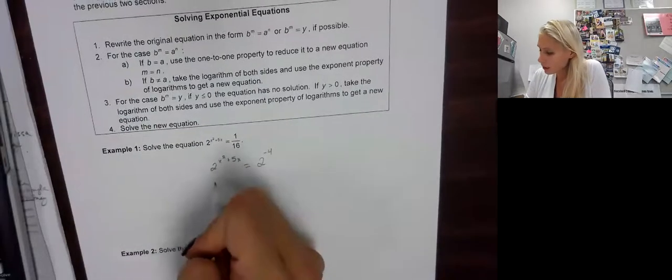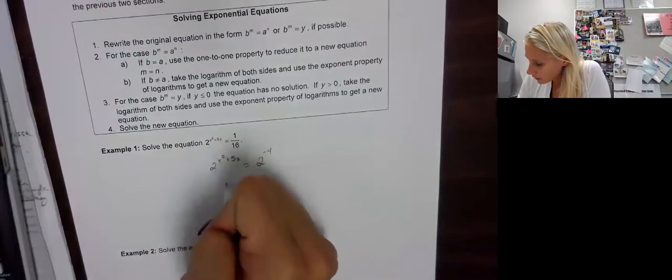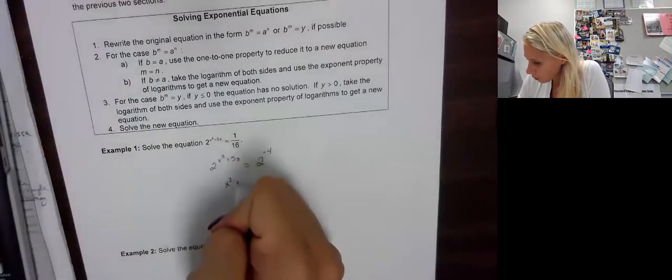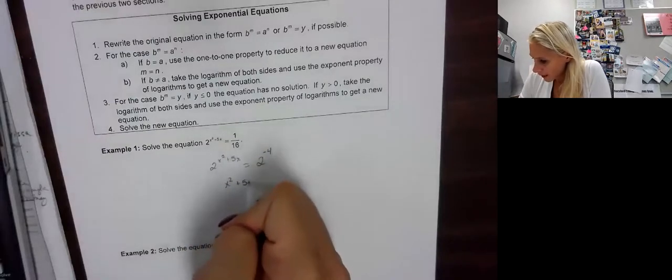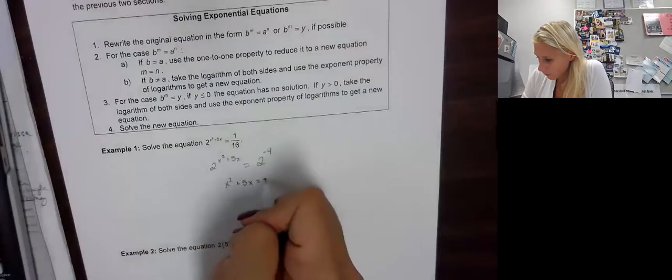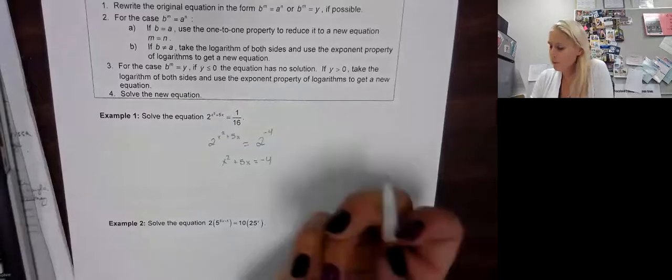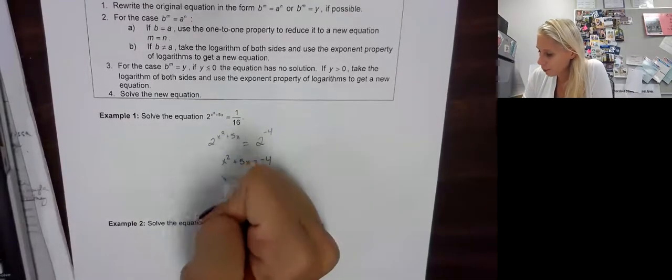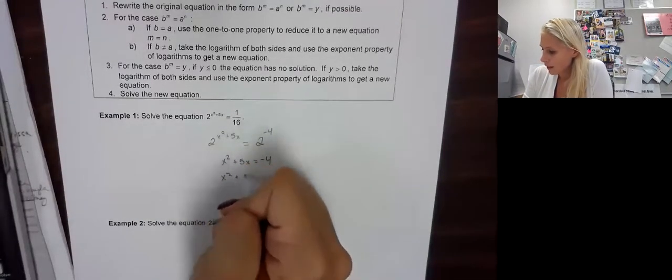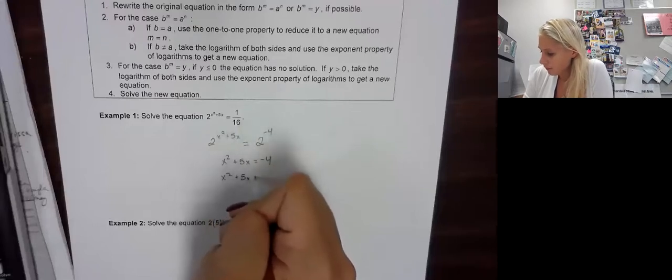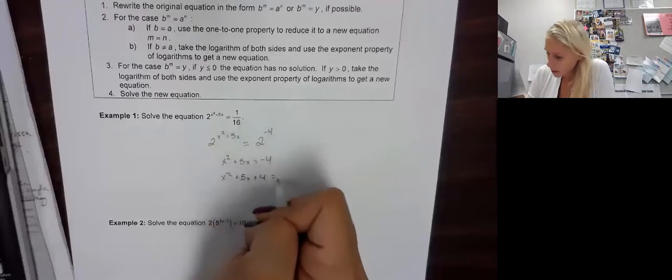Now that our bases are the same, we can focus on the exponent, which is x squared plus 5x equals negative 4. Now we have an x squared, so we have to think about factoring. So let's move everything over. We have x squared plus 5x plus 4 equals 0.